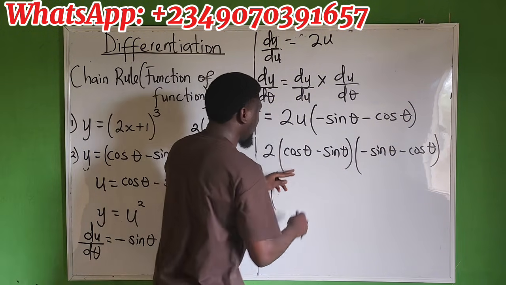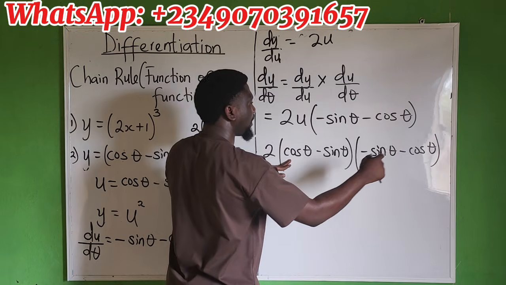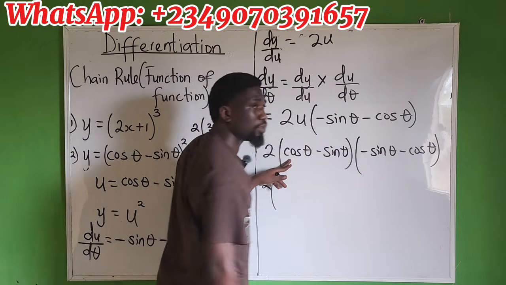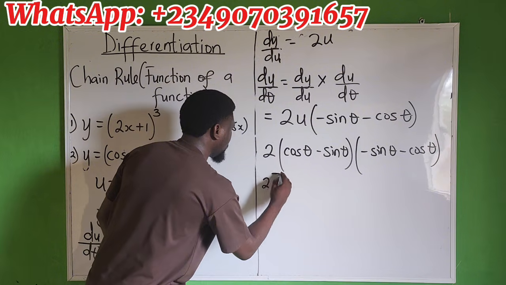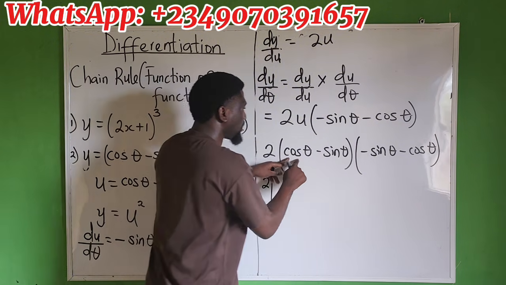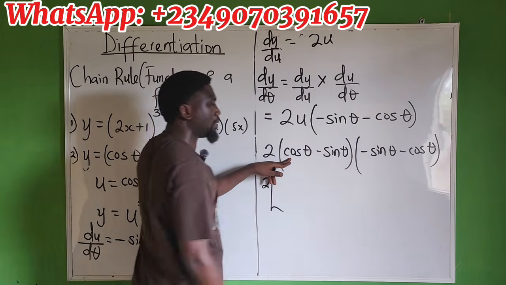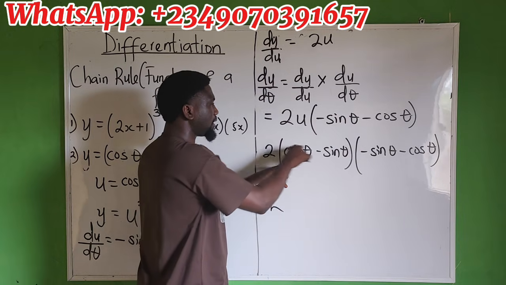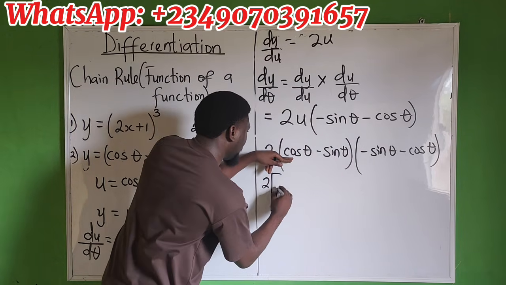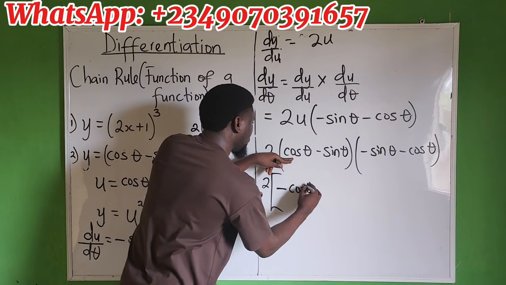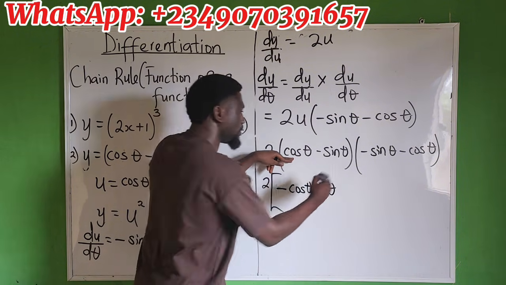So let's multiply cos theta minus sin theta by minus sin theta minus cos theta. Alright. So let's have the bigger bracket here. Cos theta minus sin theta will give us what? So this is positive, this is negative. So plus times minus is what? That is minus. So we are going to have minus cos theta sin theta.